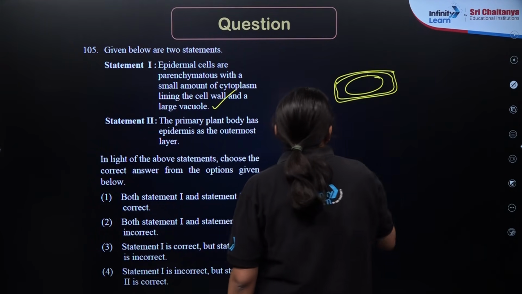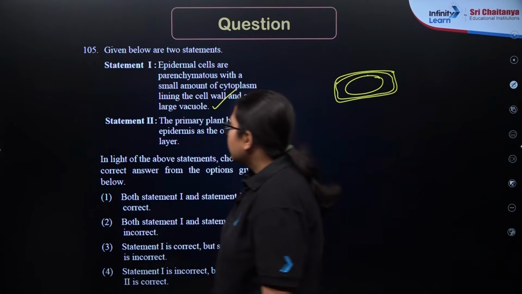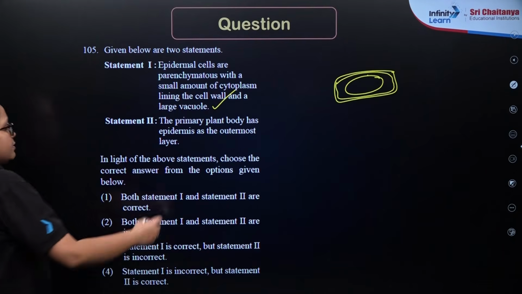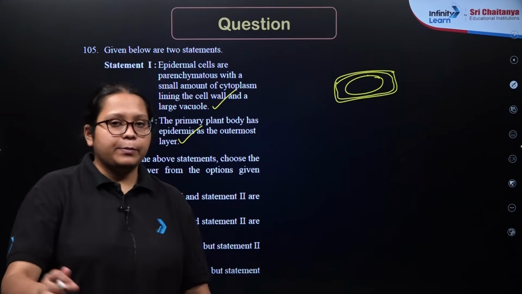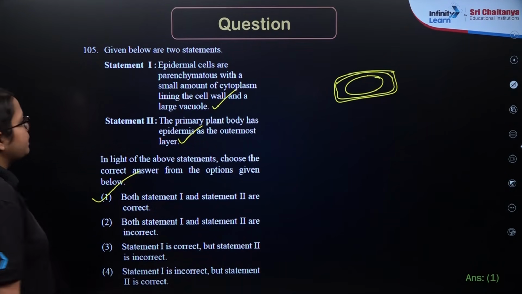This is how the parenchyma cells of epidermis look. So this is true. Second is, primary plant body has epidermis as the outermost layer. Yes, the primary plant body has the outermost layer as epidermis. So both statements are correct. Okay, the first is your correct answer.